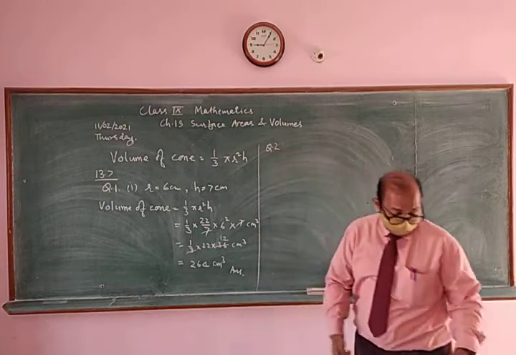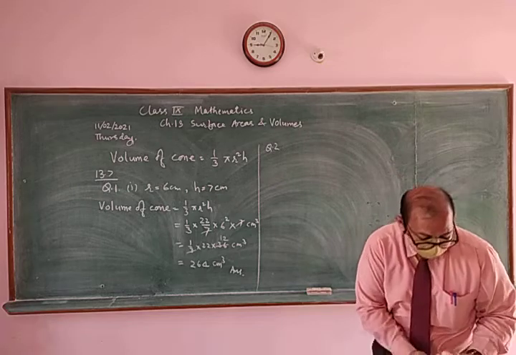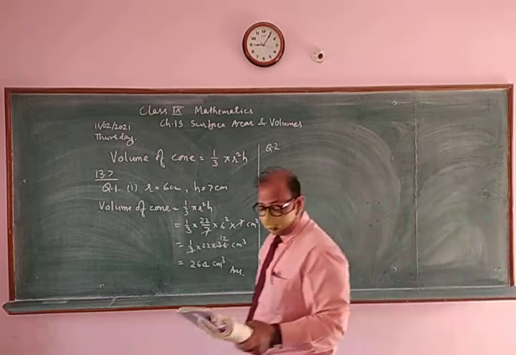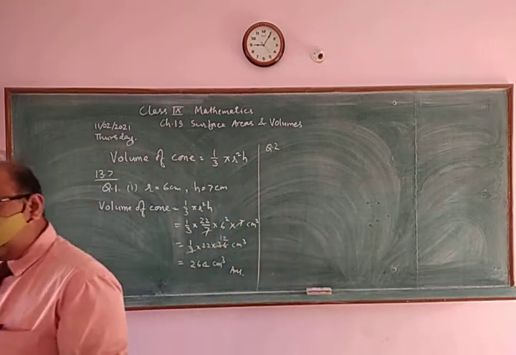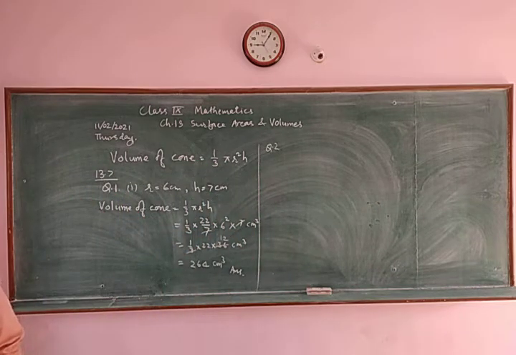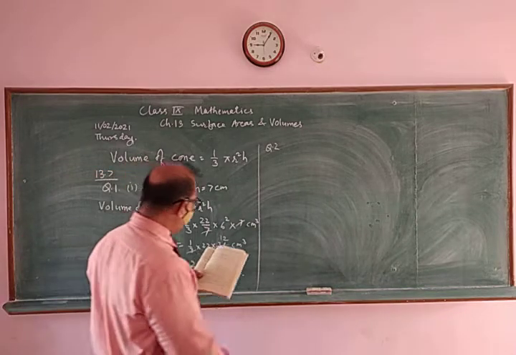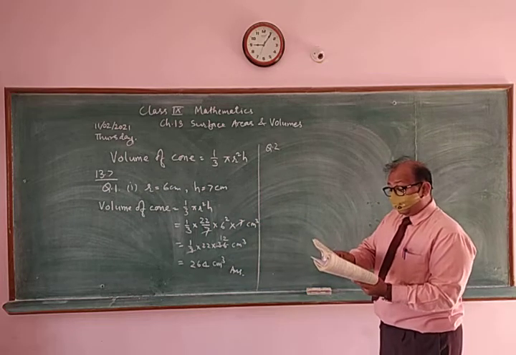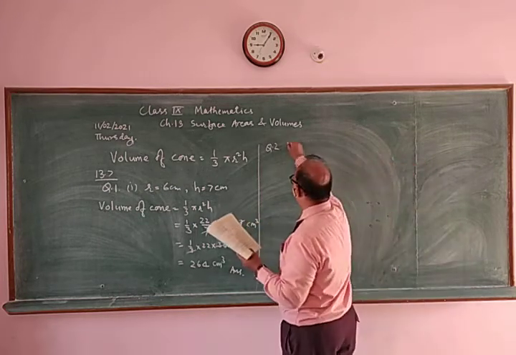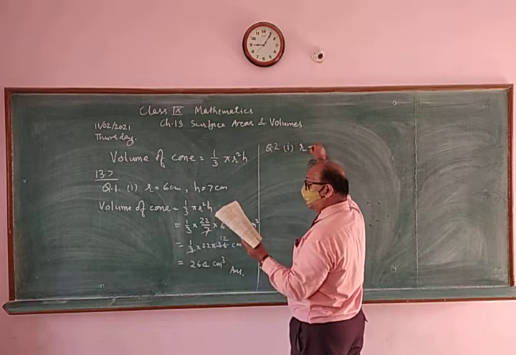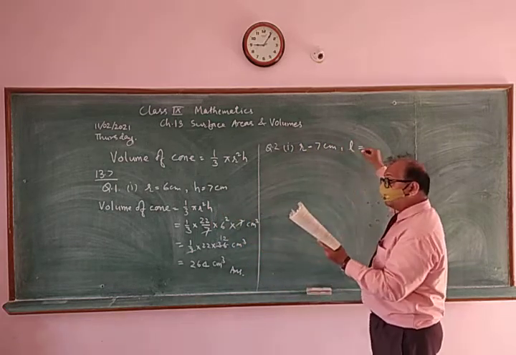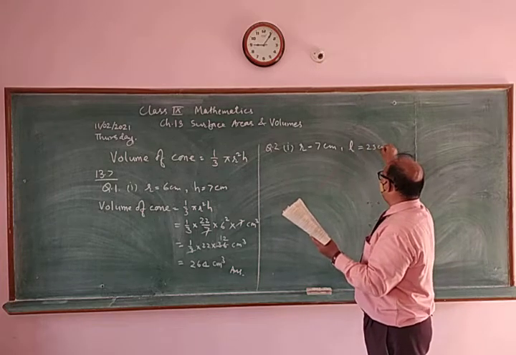Now, question number 2. Find the capacity in liters of a conical vessel whose radius is equal to 7 centimeter and slant height l is equal to 25 centimeter.